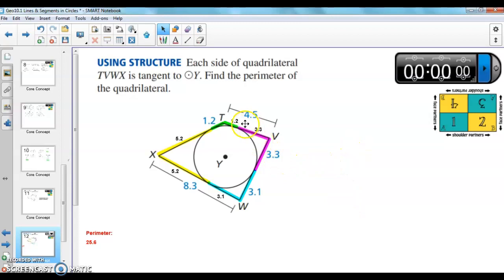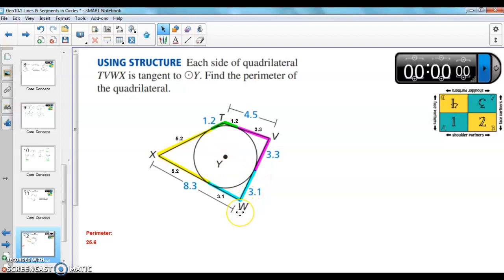In this figure, I highlighted those tangent segments that are congruent. So in the original problem, this was 3.3. That means its partner on the other side must also be 3.3. So subtracting that from 4.5, this green segment is 1.2, which matches that on the other side.